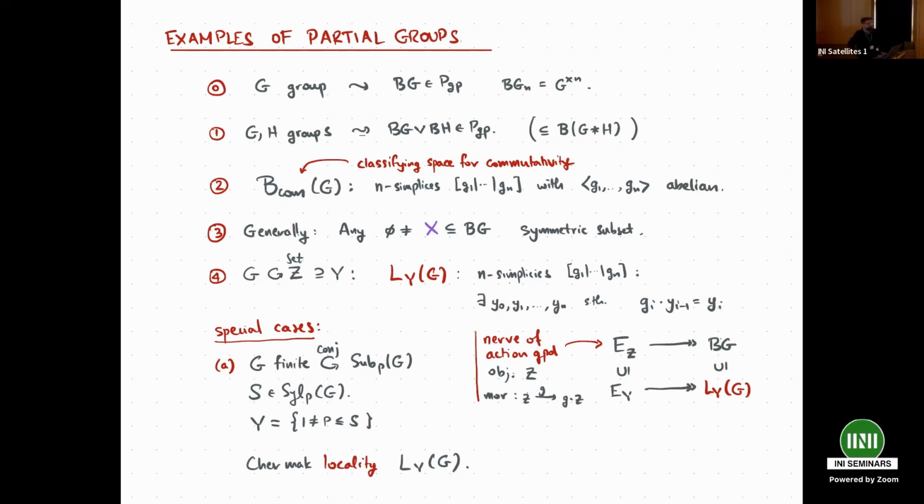Start with an action of a group G on a set Z, and look at any subset of that set, Y. Then you can make a symmetric subset of BG, L_Y(G), where you keep the n-simplices that act successively on elements of Y. Formally, if you think about a transporter groupoid for the G-set Z, then you have a surjection onto BG, and this is the image where you cut down to objects in Y.